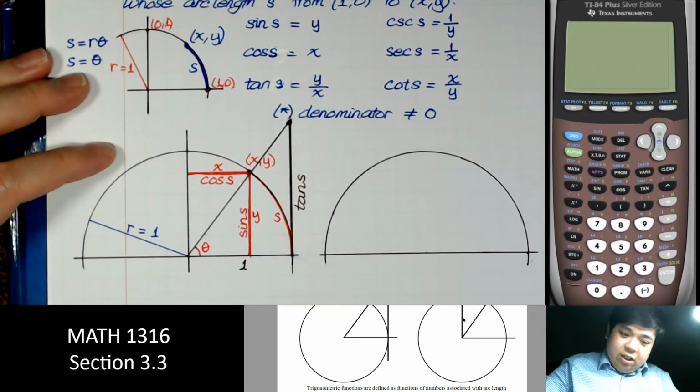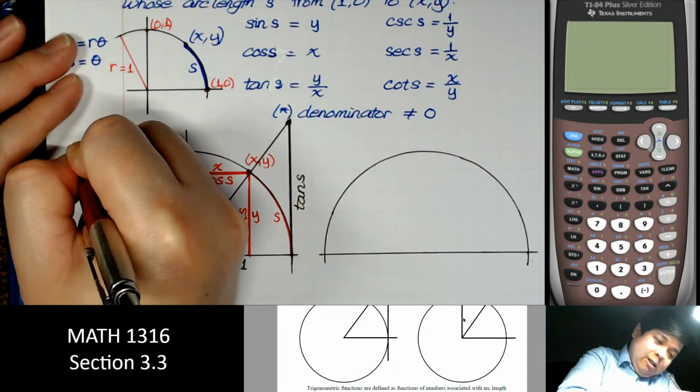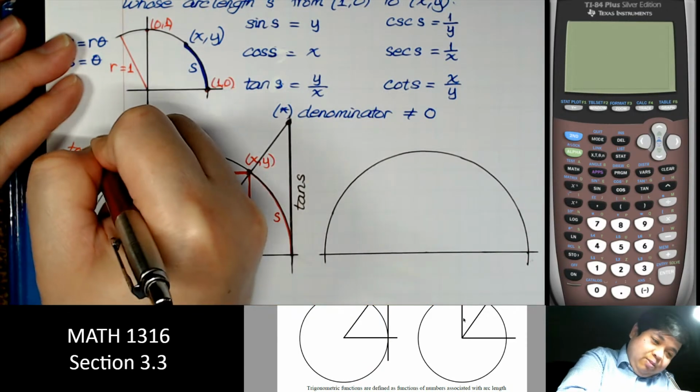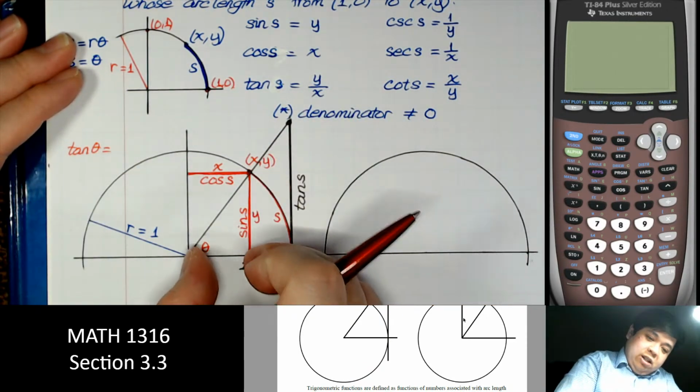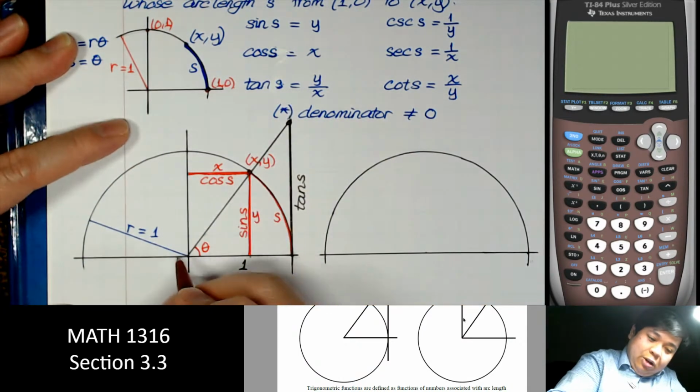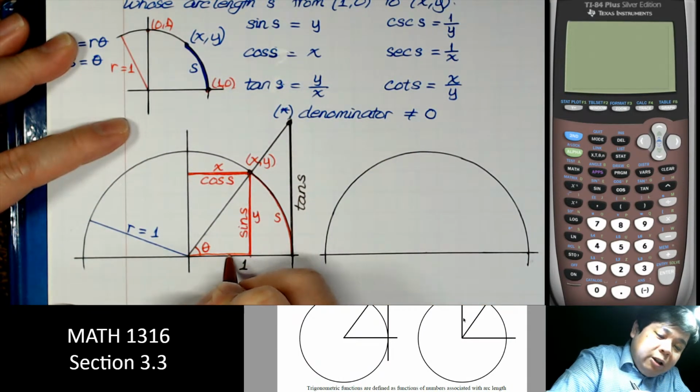So when we write tangent of theta or tangent of s, opposite over adjacent, this is also sine over cosine.